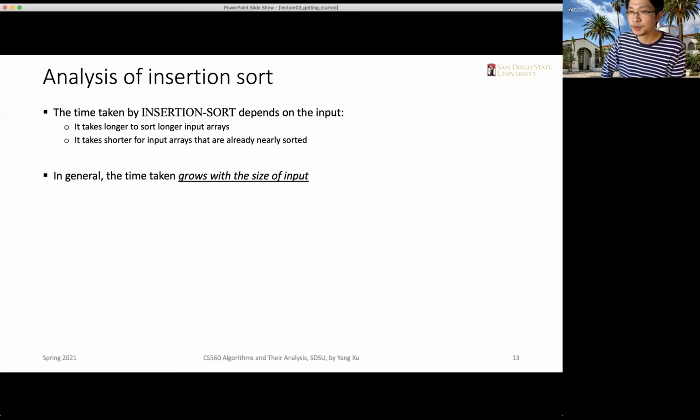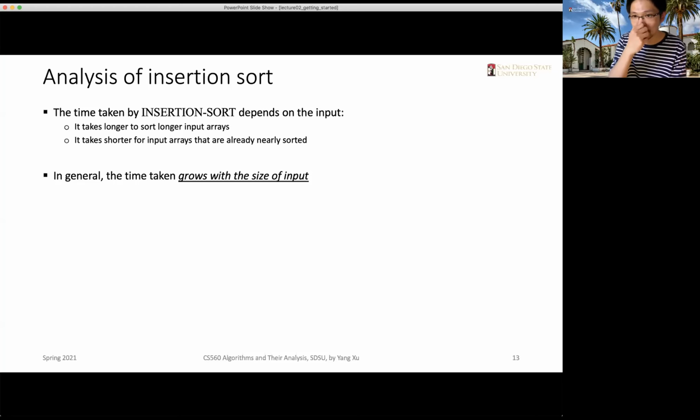Knowing that an input of, for example, 100 elements costs 100 seconds, or 50 seconds, doesn't help too much if we don't know a general function that describes the mapping relationship, right?